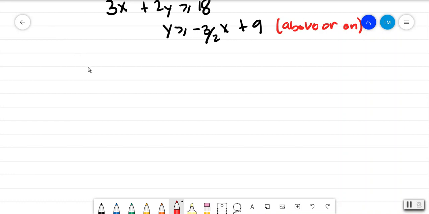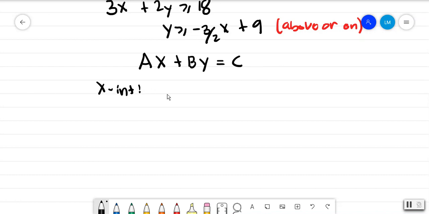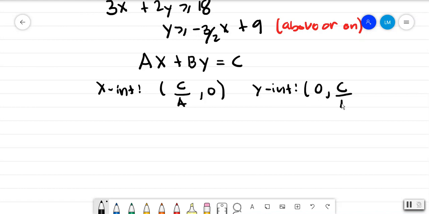Okay, now, really quick before I move on, if your inequality is of the form ax plus by equals c, this is the boundary line. Then, for those who would like a more formulaic approach, you can just say that the x-intercept is c divided by a, comma 0, and the y-intercept is 0, comma c over b.